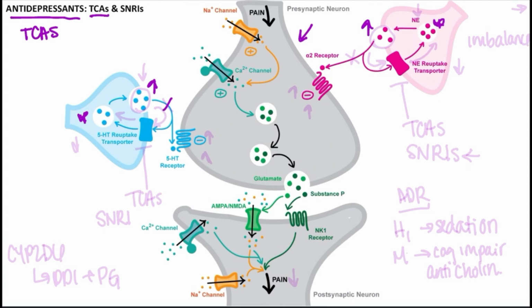Otherwise, we cannot propagate pain signals at all, whether they be appropriate or inappropriate. And one of these ways is through these reuptake transporters, which will move excess neurotransmitters from the synapse using this transporter to recycle that neurotransmitter back into vesicles to be ready to go when that next inhibitory signal is needed.